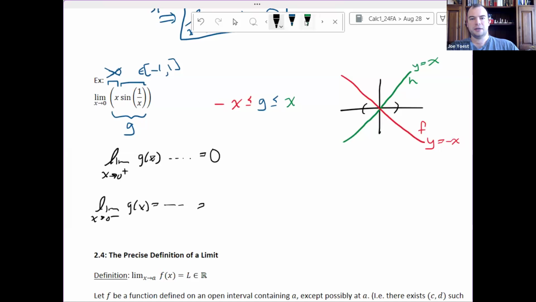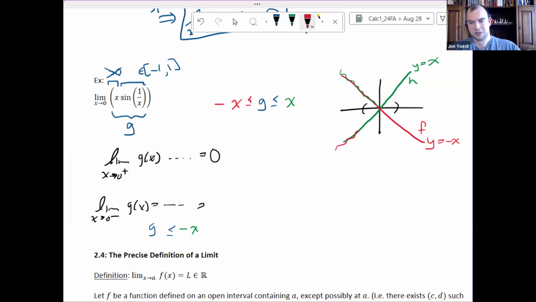But here, for my left-hand limit, -x will be my top function. So -x is going to be bigger than or equal to g.